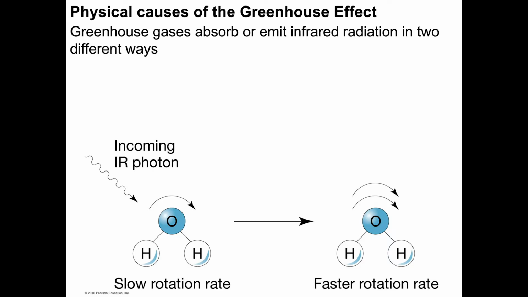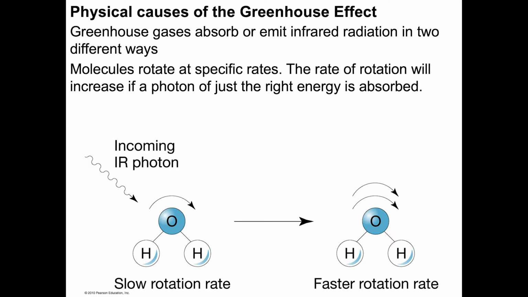Greenhouse gases, by definition, absorb or emit infrared radiation in two different ways. They can change the rotation rate of molecules, and we can see that here. We can add radiation, in this case infrared radiation, to a water molecule, and that's going to increase its rotation rate.